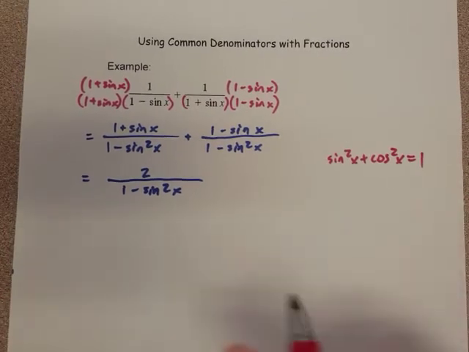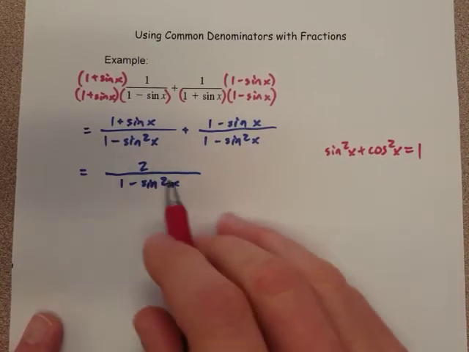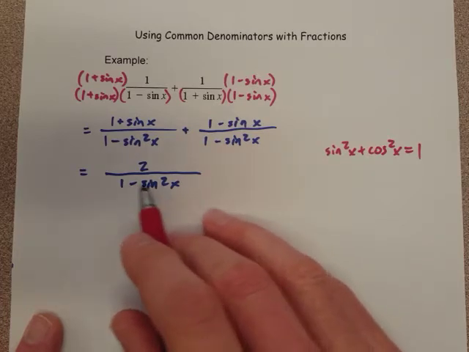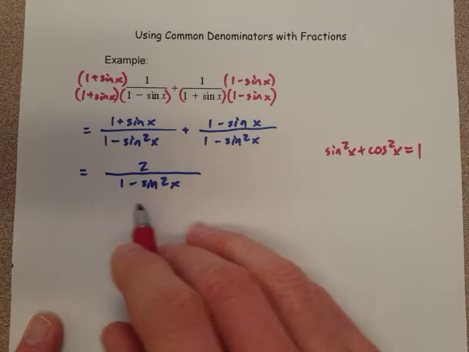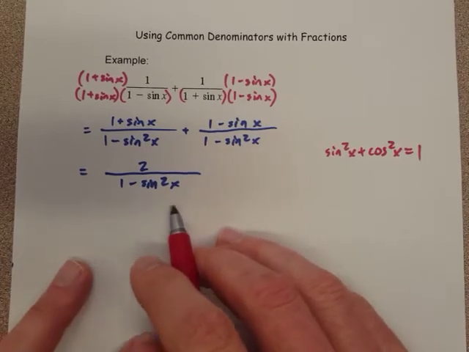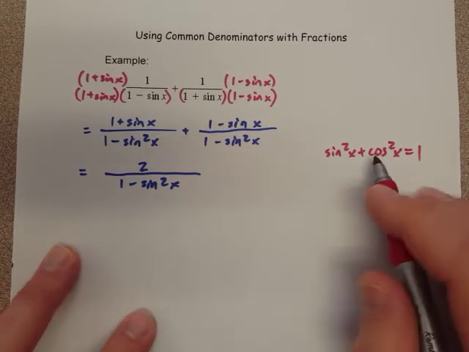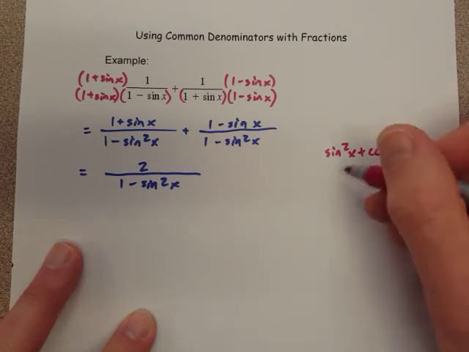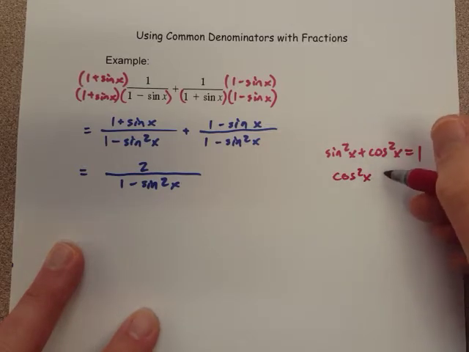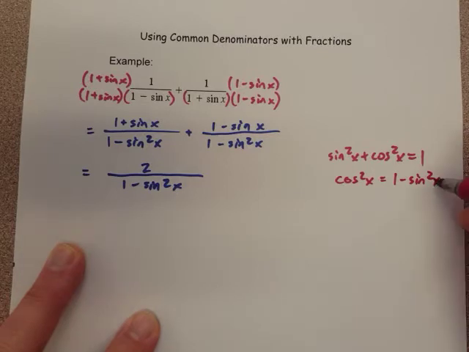All right, so now that I have that, I look at what I've got right here and notice, well, it doesn't look exactly like that, but I might be able to change this into something that will allow me to simplify that, get rid of that subtraction. So what I'm going to do is subtract sine squared over here just to rearrange this identity, which gives me cosine squared equals 1 minus sine squared.